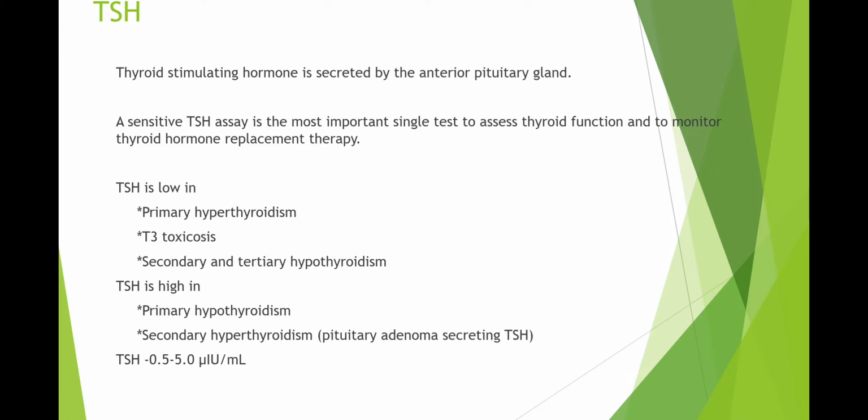TSH is low in primary hyperthyroidism, T3 toxicosis, and secondary and tertiary hypothyroidism. TSH is high in primary hypothyroidism, secondary hyperthyroidism, and TSH-secreting pituitary adenoma. The normal range of TSH varies from 0.5 to 5 micro international units per ml.